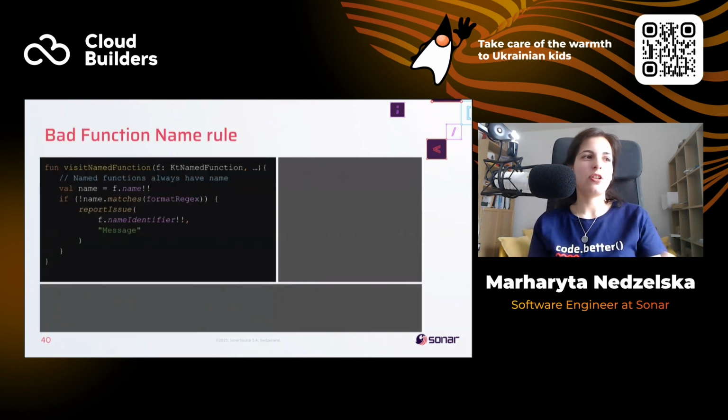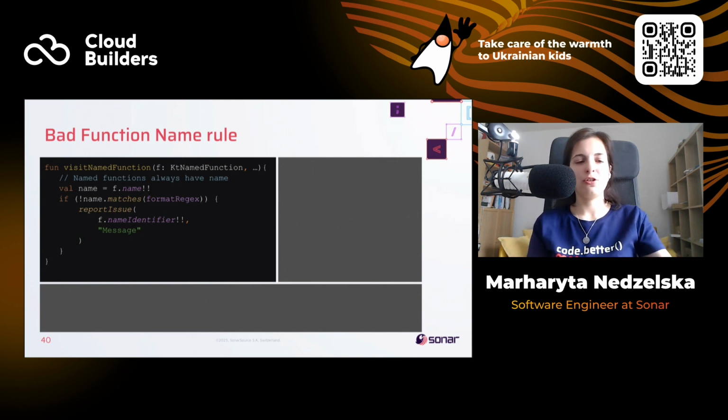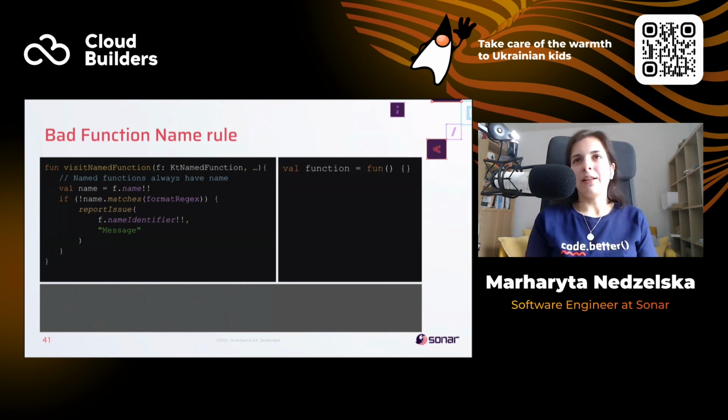So when we actually implemented a rule called bad function name rule, we used this fact. So we visited all the named functions. We assumed that name is always present, put non-null assertion with a comment, and reported an issue if name matches some regular expression.